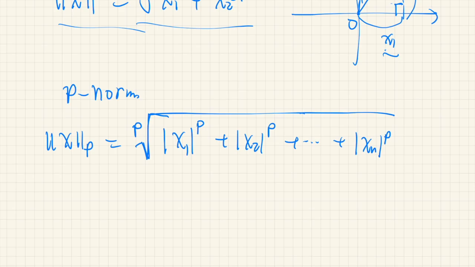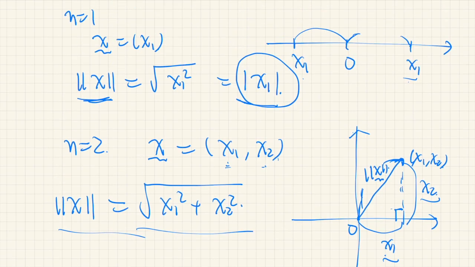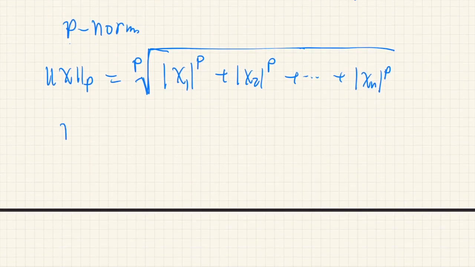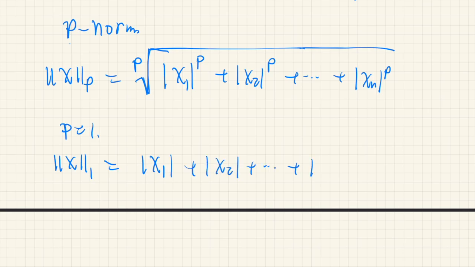Then this is called the p-norm. For example, when p is equal to 2, we have this Euclidean norm. And when p is equal to 1, the first root is just the sum, right? So it's just the sum of absolute values of x1 up to xn. So this is the 1-norm.